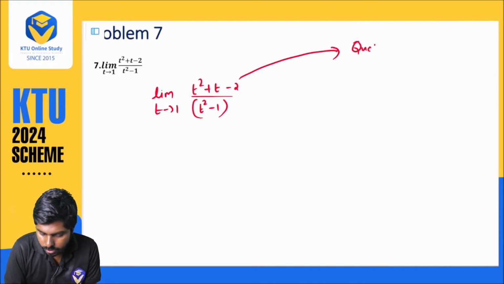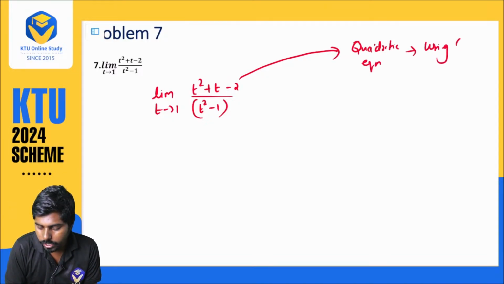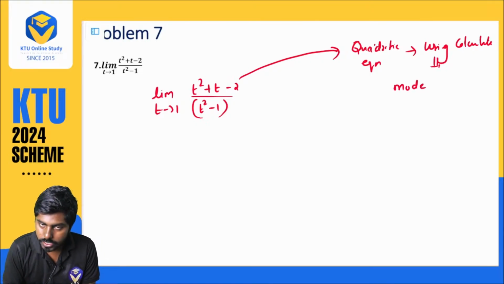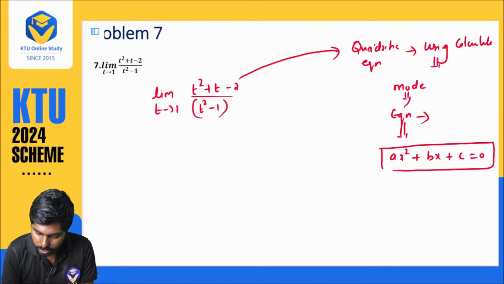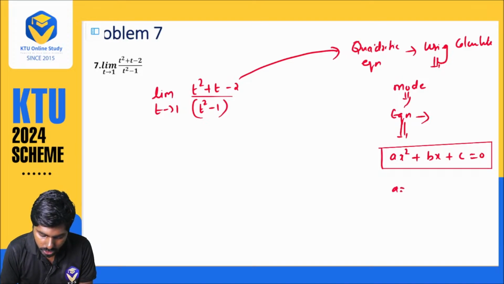The numerator is a quadratic equation. We can solve it using the calculator. The procedure is to go to mode, and in mode identify equation. In equation, identify the degree, in the form ax square plus bx plus c equal to 0. There you apply a equal to 1, because the coefficient of t square is 1, b equal to 1 and c equal to minus 2.